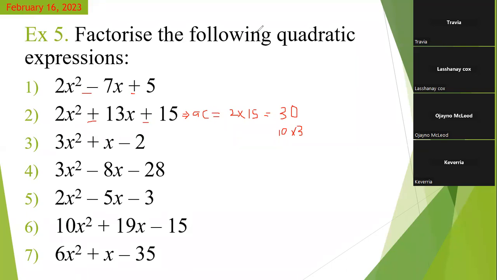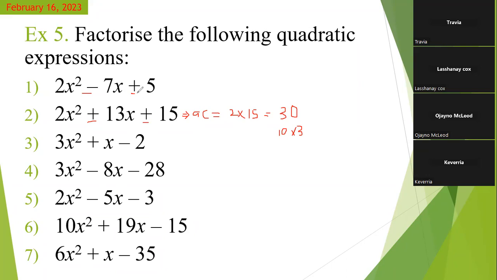Is that clear to everyone? Sir, can you repeat, please? So I was saying, in a similar way, when we look at the last term and it is positive for any of the expressions, that is indicating to us that the two factors that we are looking for are either both positive or both negative.